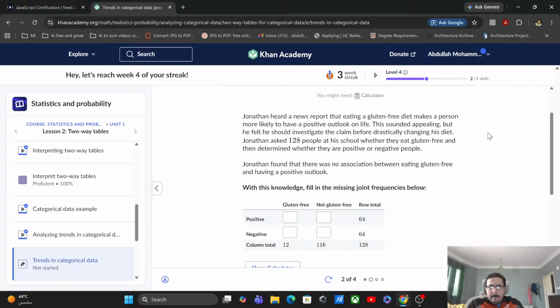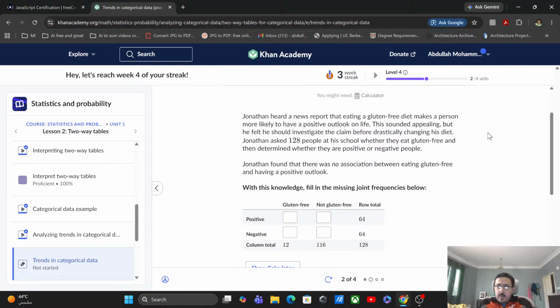Okay, so the gluten-free total is 12, no gluten-free 116, out of 128.